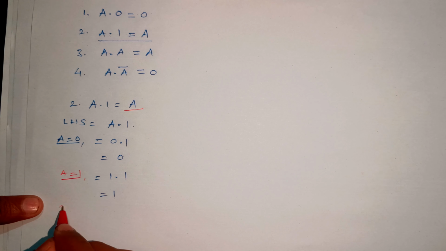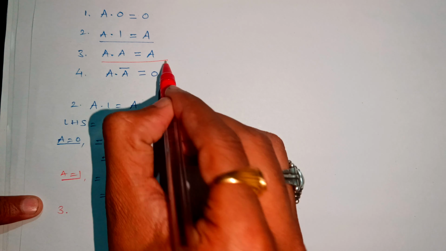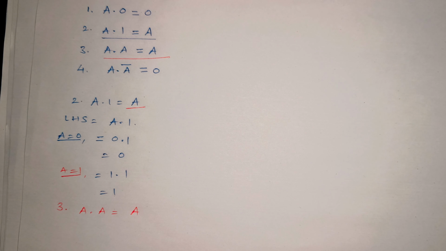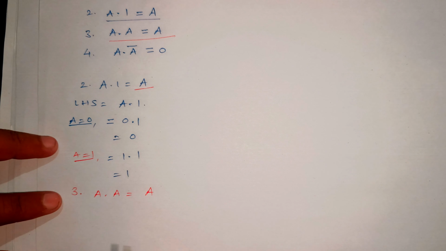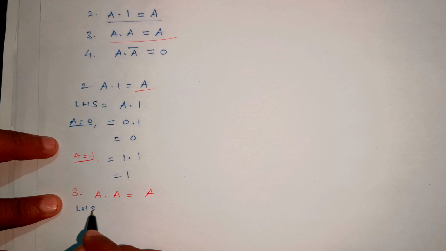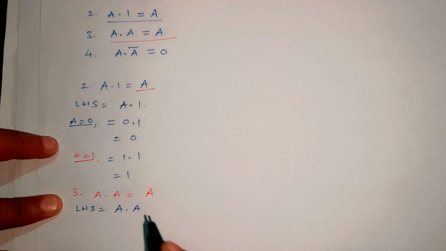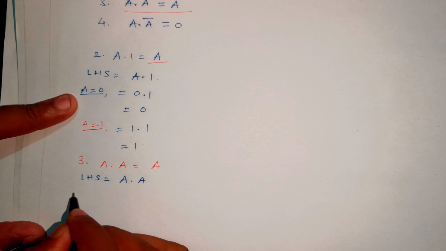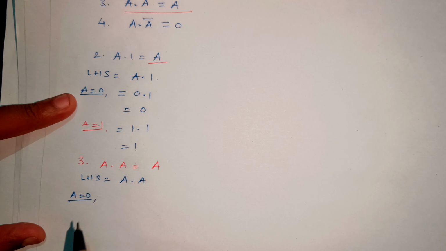Now we'll go for the third AND law, that is a into a. So I'm writing it here, a into a will be equal to a. For this also, let us start with the left hand side, which is a multiplied by a. Now two combinations. First we write a as 0.